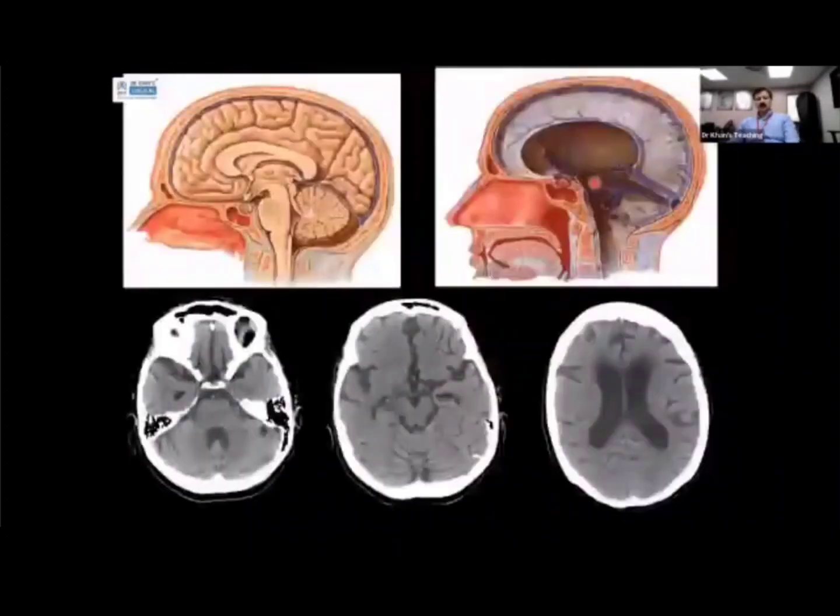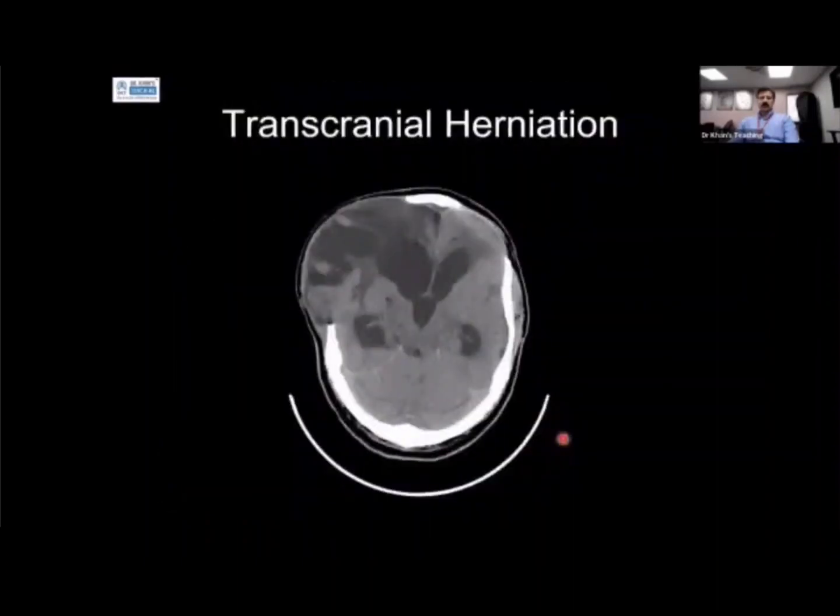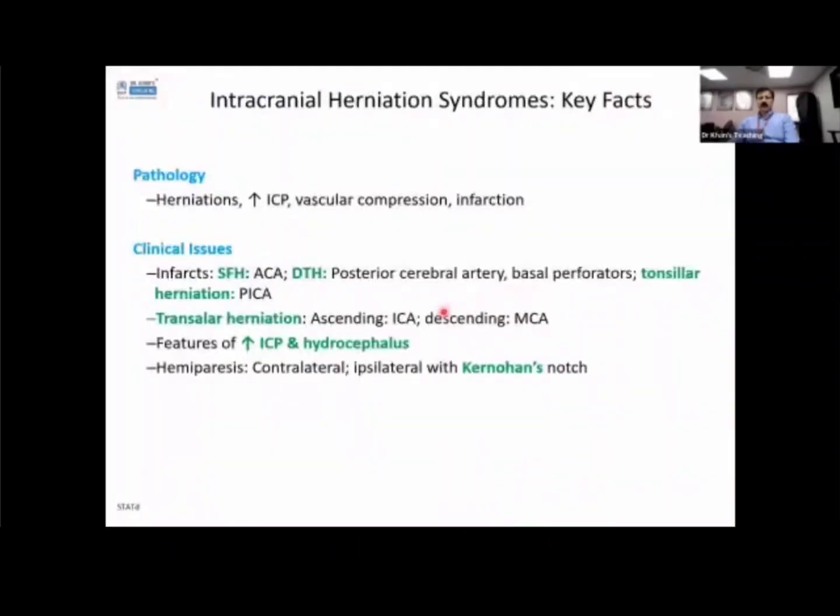Now, just to give you examples of other kinds of herniation, this is tonsillar herniation. This is what we call transcranial herniation. This is a post-surgical defect here, but we are just interested in the two which I have mentioned.